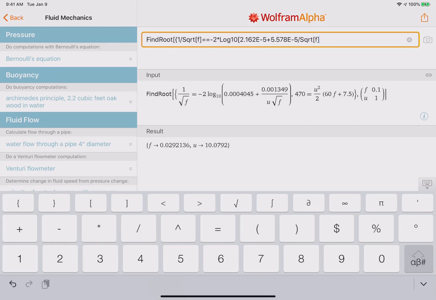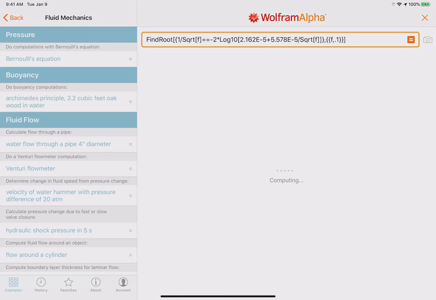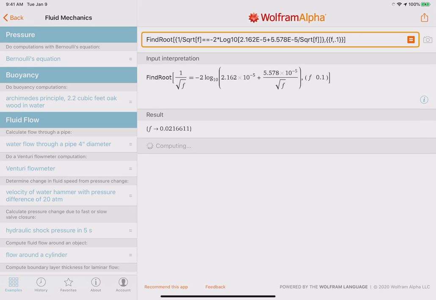Okay, and now I close the log, close the bracket for the equation list, then do the list of variables. So that's f, and we're solving for f, and for our first guess we're just going to tell it to start iterating at 0.1. And assuming I input everything correctly, this should be able to solve it. Okay, and it looks like it did.